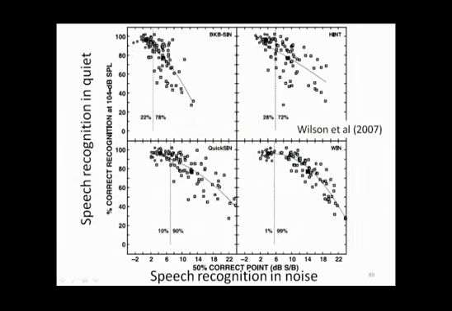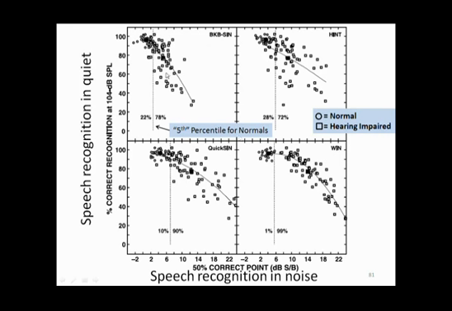Now here is this graph where Dr. Wilson and colleagues come to these conclusions. So this is the 5th percentile for speech recognition and noise ability for individuals with normal audiogram. So this is the 5th percentile here for the BKB-SIN, 5th percentile for the HINT, 5th percentile for the QuickSIN, and 5th percentile for the WIN test.